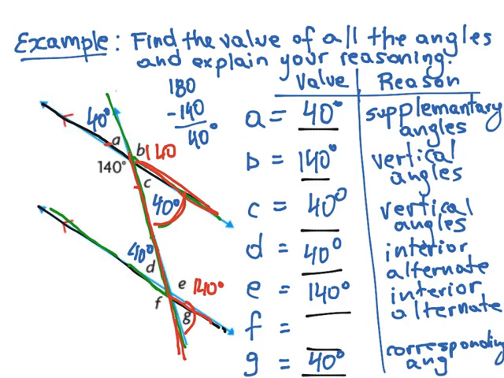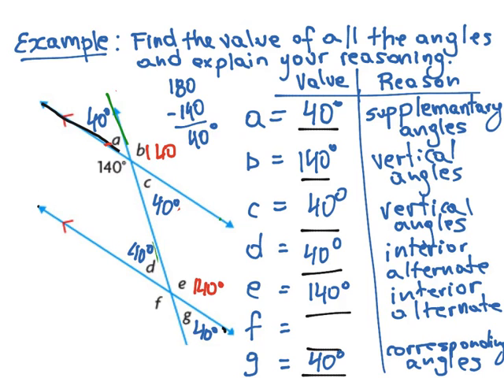And last one, F. F is also a corresponding angle. If we draw a little bit flipped F, in this case it's going to look like a 7. Well, sort of looks like a 7. There we go.